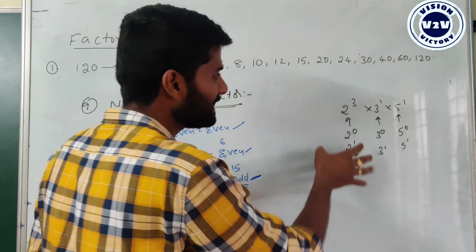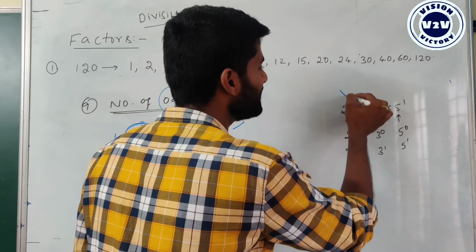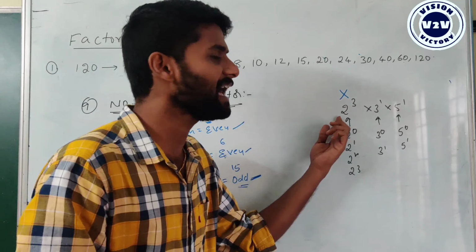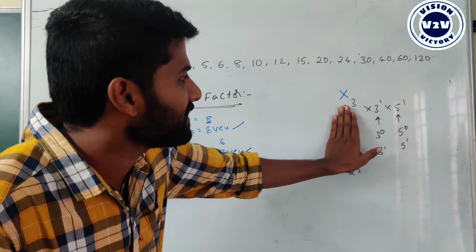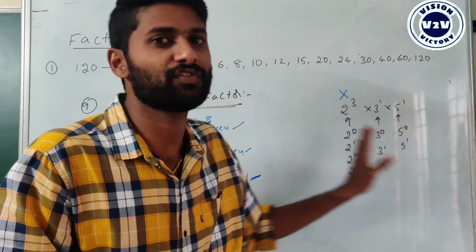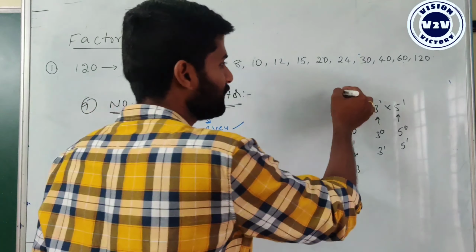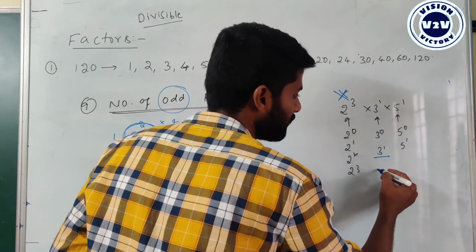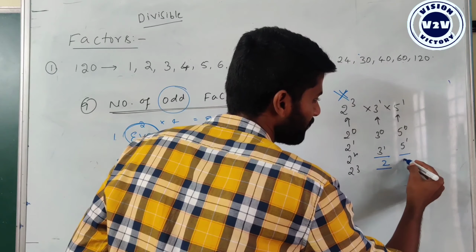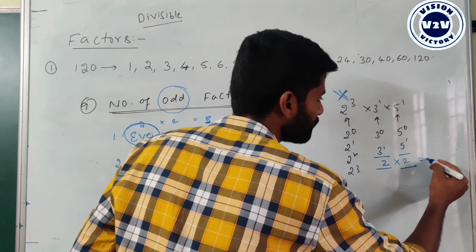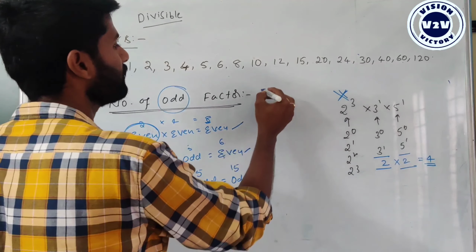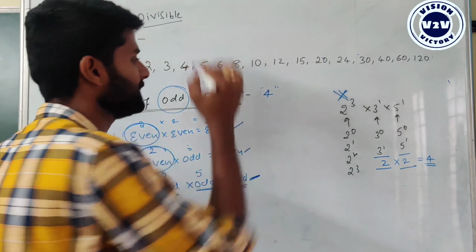That's why for the entire set of factors, I just eliminate these numbers, because they are even. If you eliminate these even numbers, we directly get how many odd factors there are. Then see, if we eliminate these, the total number of odd factors here is 2, and here is 2, and 2 twos are 4. The total number of odd factors is 4 only.